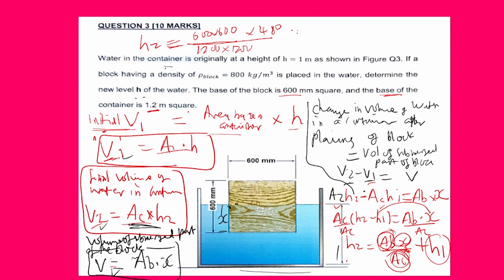And that's all. Plug it in the calculator, and that's going to give you 1120 millimeters. If you want to change this, it's going to be 1.12 meters. And this is going to be the height of the water in the container, or you can say this is the new level of the water in the container.